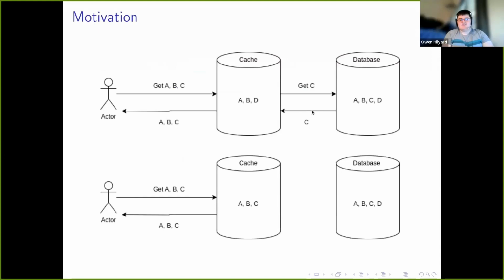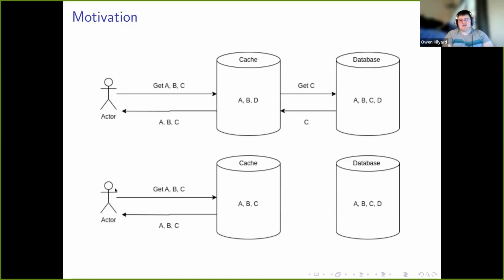So, the motivation behind this paper is that in a transactional system, if you submit a batch of requests to a cache and it's missing one of them, for instance, in this case, the cache is missing C, it has to go to the database, get C, and then it can give you everything else back, which means you haven't really saved anything over just going to the database for everything, unless those queries are expensive.